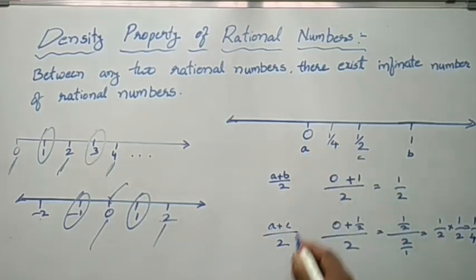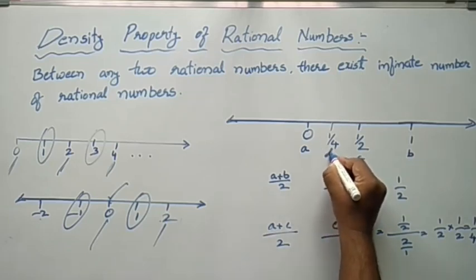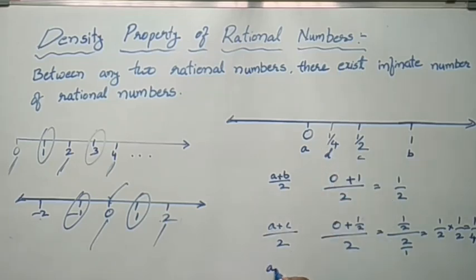If I take once again this and this, I am taking this one as D. So A plus D divided by 2, that is 0 plus 1 by 4 divided by 2, that is 1 by 4 by 2. This 2 I can write as 2 by 1, and if I bring it upside down, it is 1 by 2, so it becomes 1 by 8.